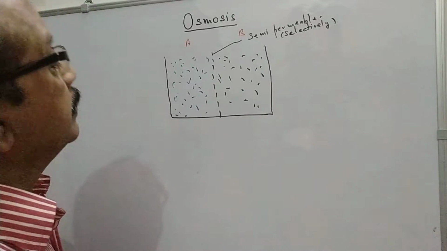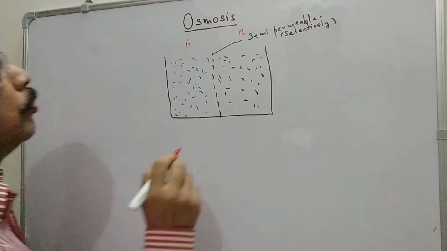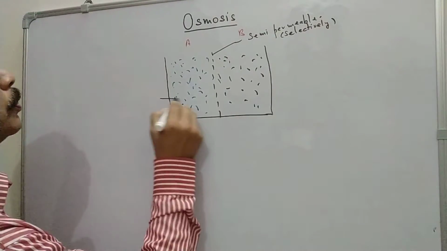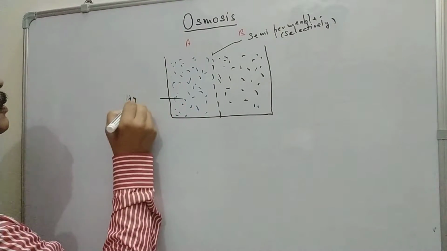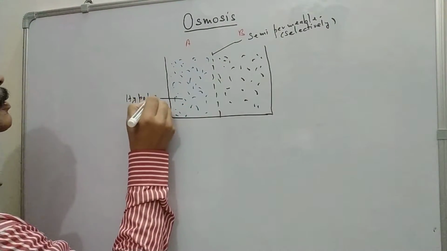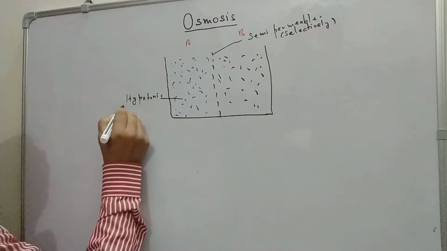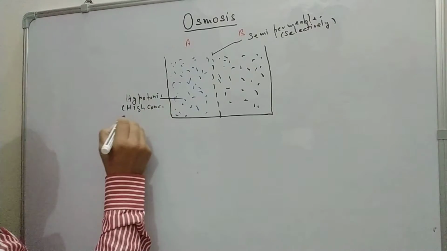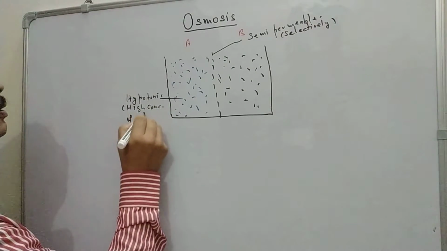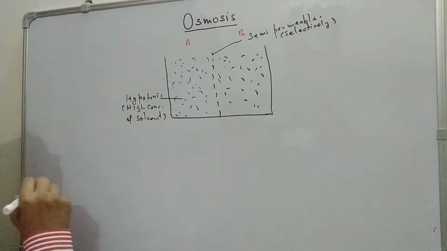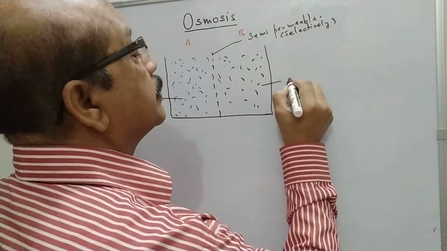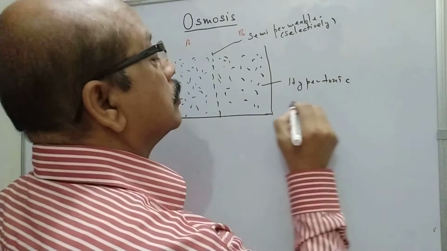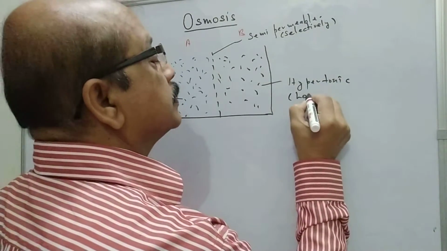So hypotonic means high concentration of solvent, and hypertonic means low concentration of solvent.